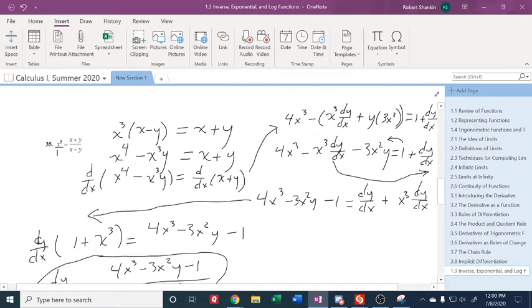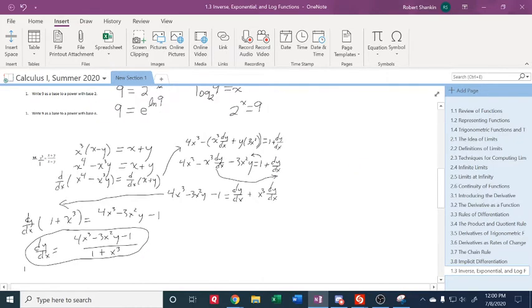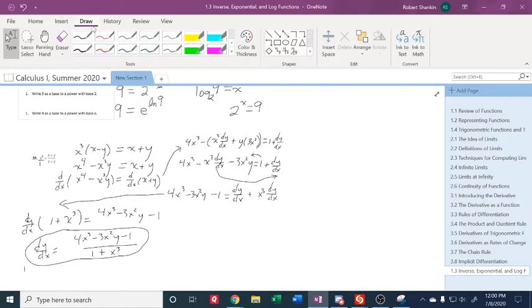Now, let's go back to this point right here. I could have done this when I have x to the fourth minus x cubed y.